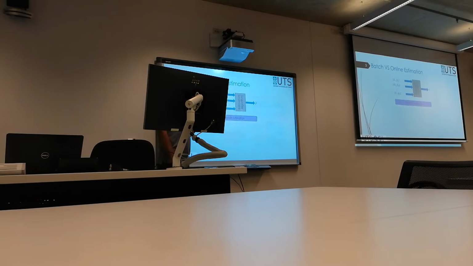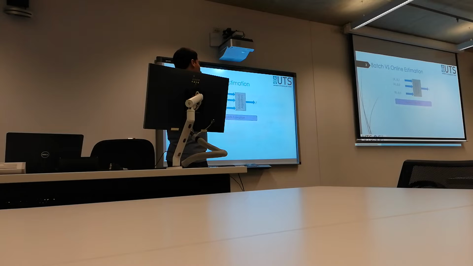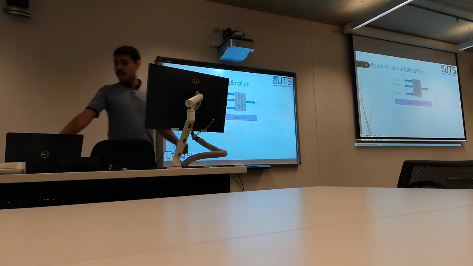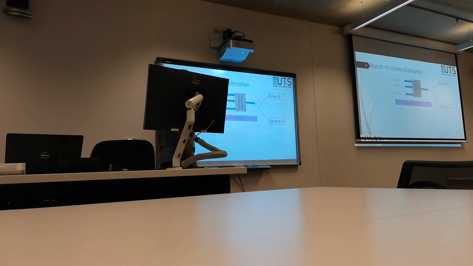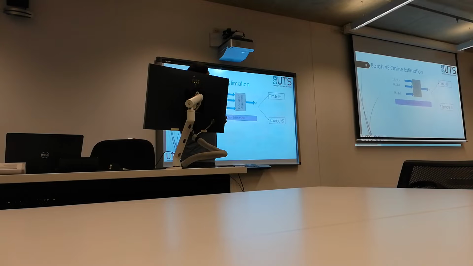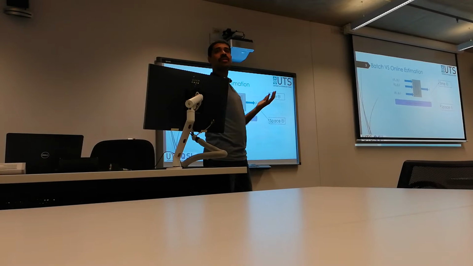The usual way we do this is through batch estimation. We perform a bunch of measurements, and after we collect all of them, we use some estimation algorithm to find our estimate. The problem is that this requires a lot of time and space. If you have a system like an 8-qubit system, imagine you have 8 atoms, performing the measurements in the lab takes a few hours, maybe 10 hours or so.